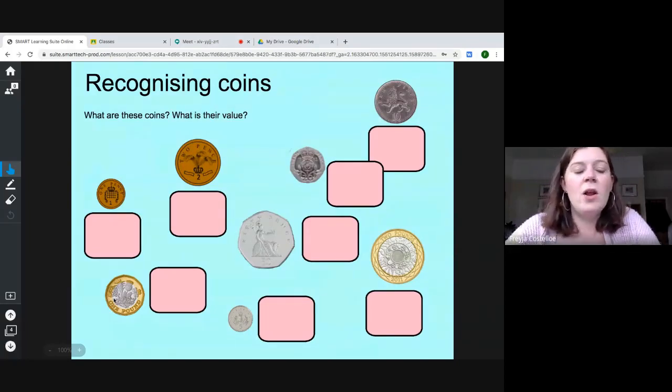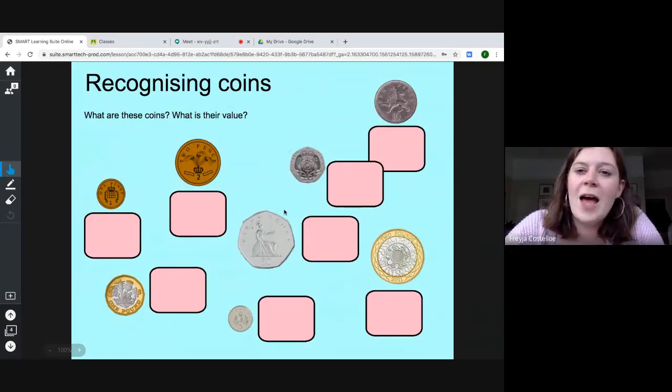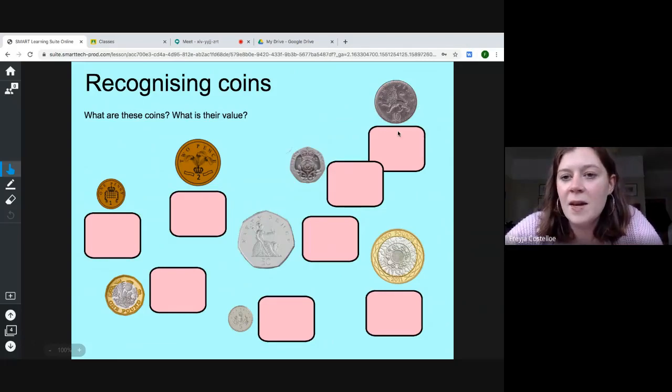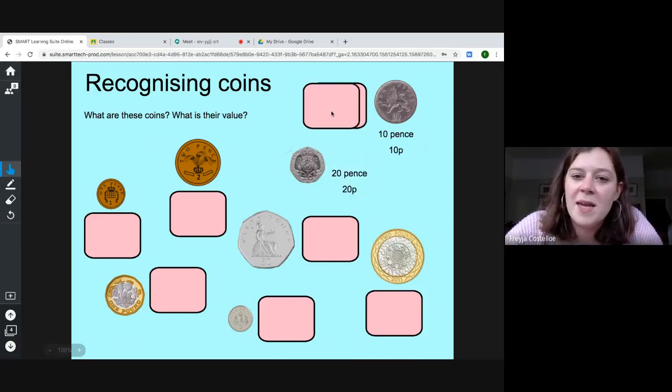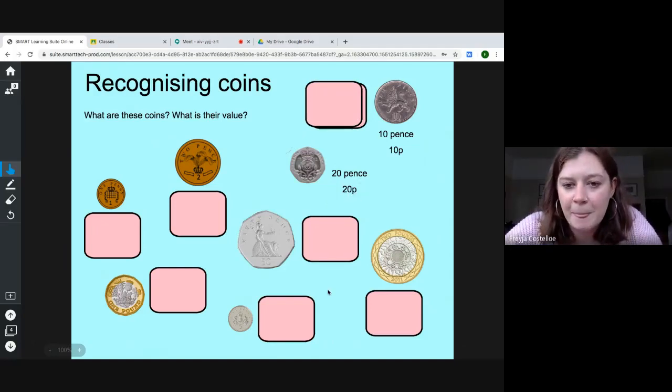Okay, let's have a quick look at what the value of these coins are. What about this one with the lion and the number 10 on it? It is 10p. This one here with those edges, it's not a round circular coin, is it? What number can we see on it? 20, so that is going to be our 20 pence or our 20p.